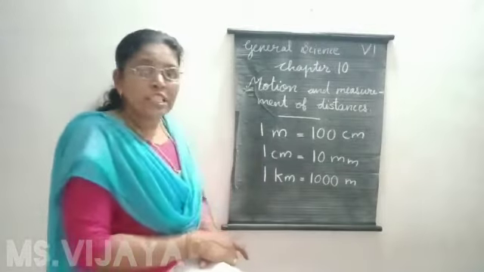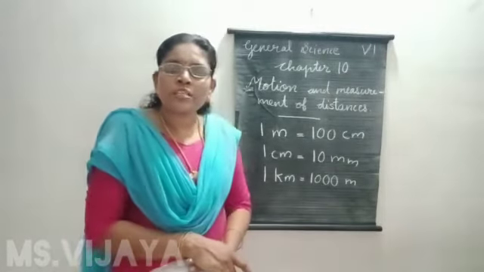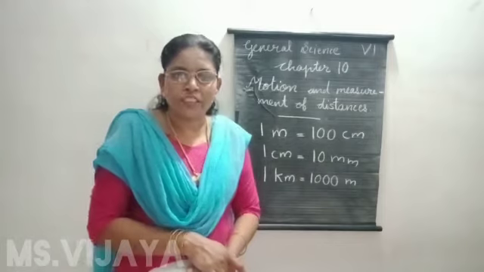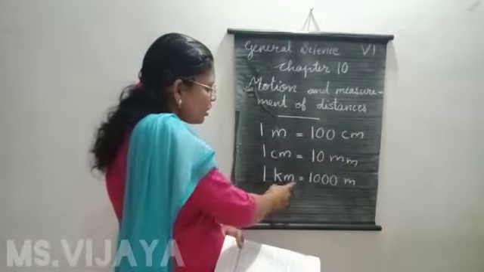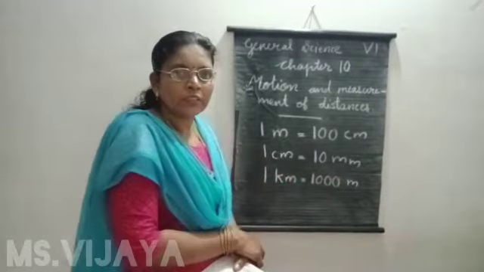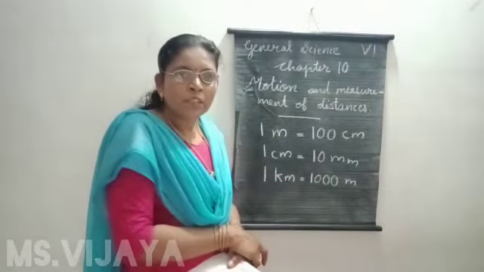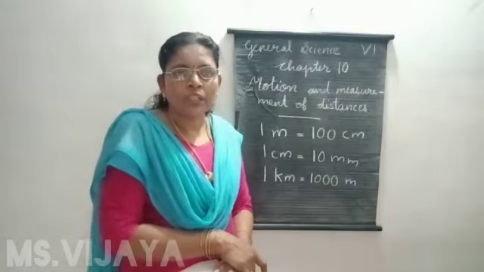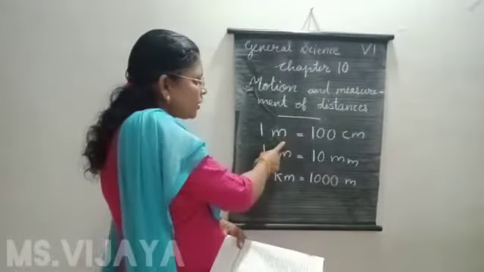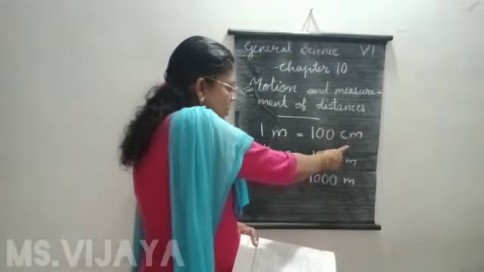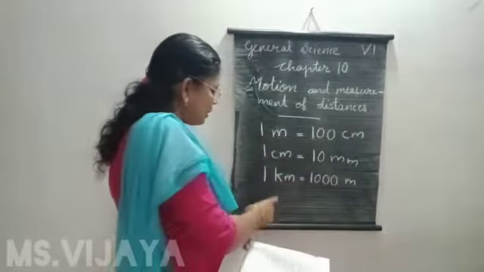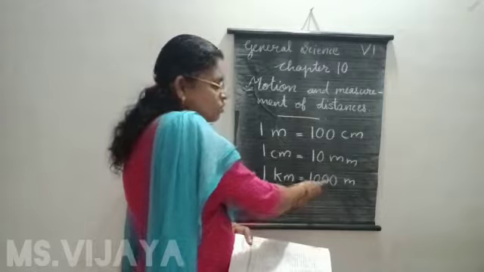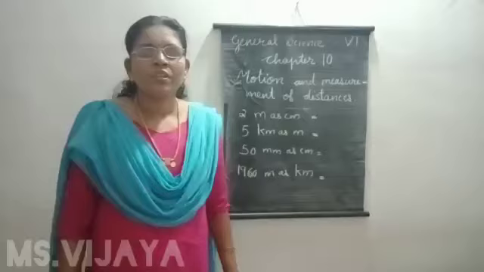Then next is kilometer. Kilometer is a little larger unit of length. So 1 kilometer is 1000 meter. Once more, 1 meter is 100 centimeter. 1 centimeter is 10 millimeter. 1 kilometer is 1000 meter.